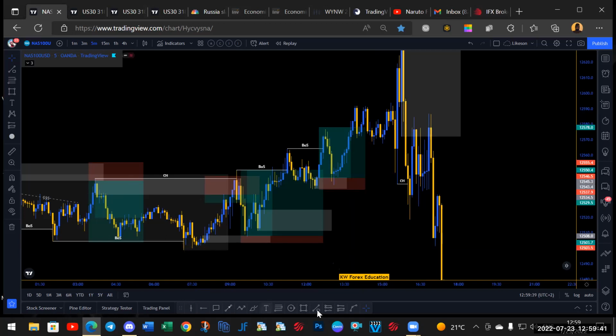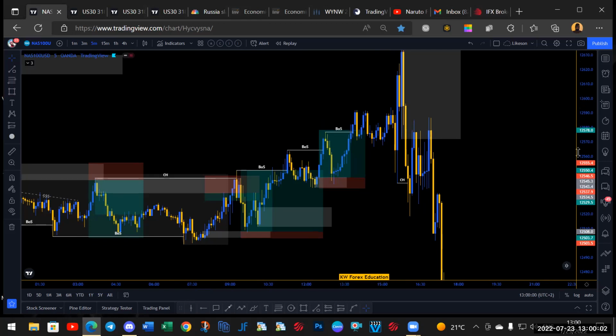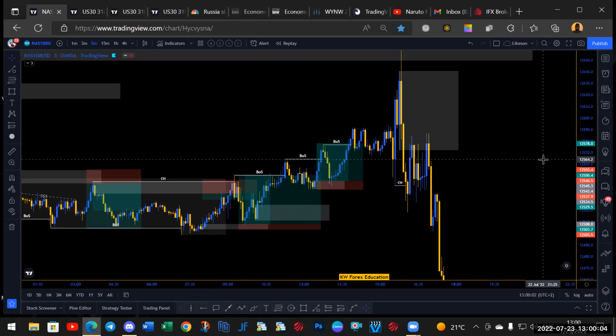Then price makes another break of structure here. Another break of structure. Now this was towards the 15:30 where price spiked a lot and things like that, right? But you just have to trade the same way.